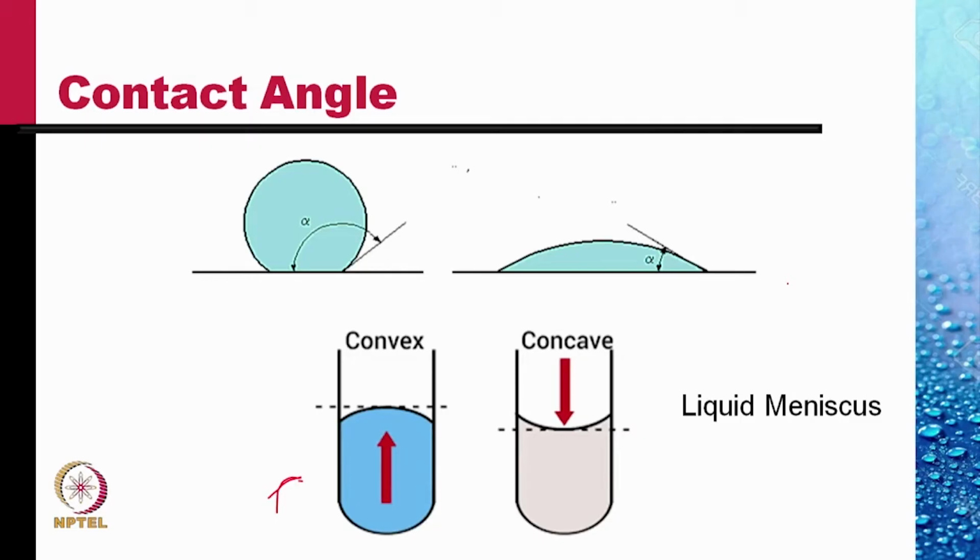Water in a glass tube forms a concave meniscus. Mercury in a glass tube forms a convex meniscus. The meniscus of mercury in glass would be much more pronounced than that, and the contact angle would be 180 degrees there. If it is water, then the contact angle here would be 0 degrees. So the meniscus would be much sharper.